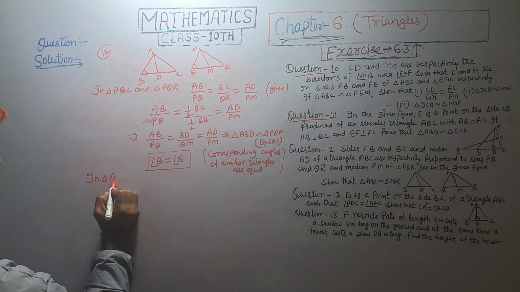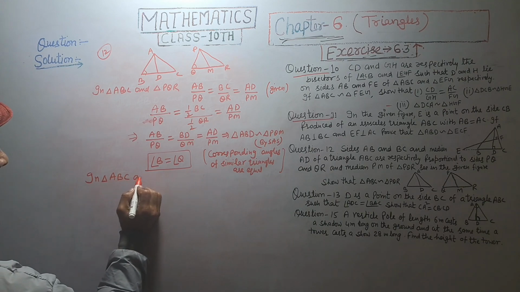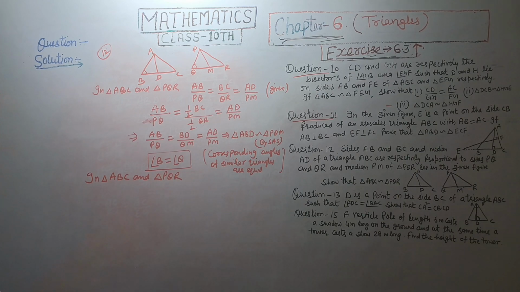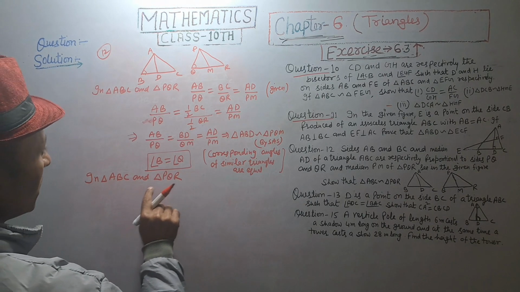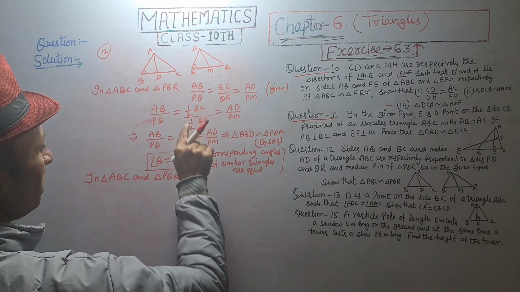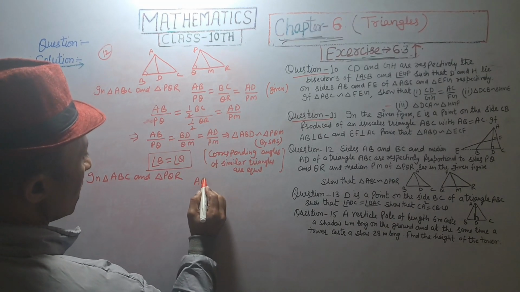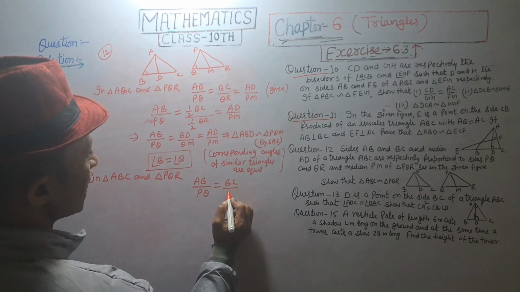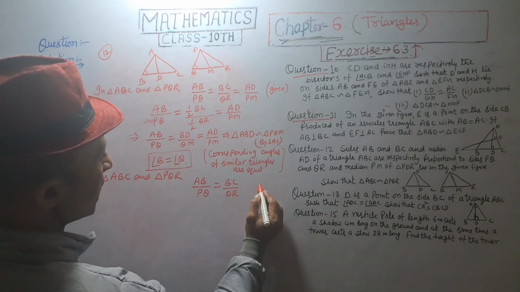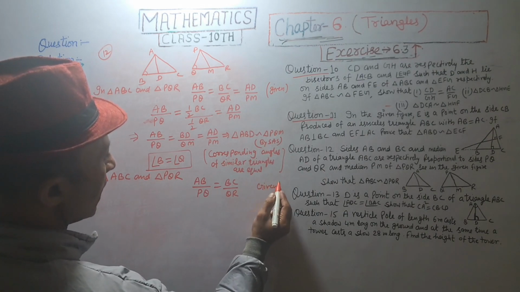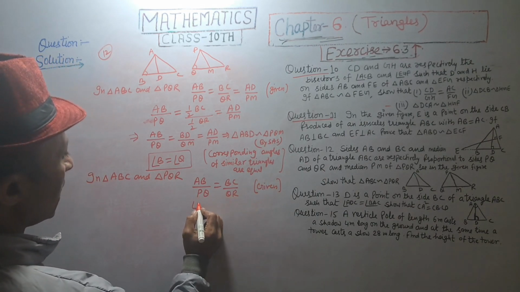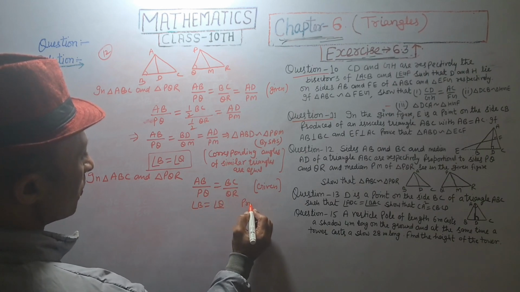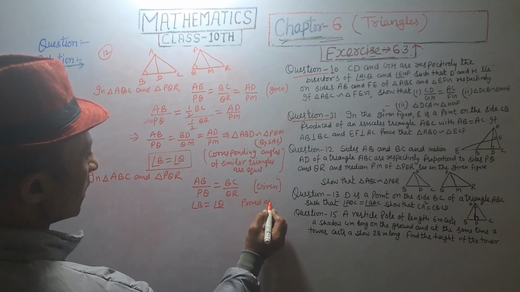In triangle ABC and triangle PQR, AB upon PQ is equal to BC upon QR, given, and angle B is equal to angle Q, proved above.